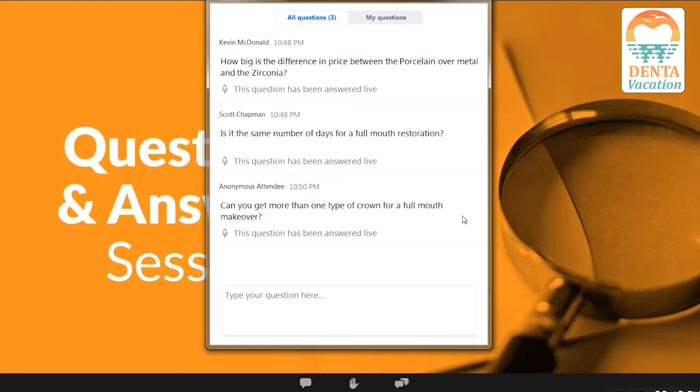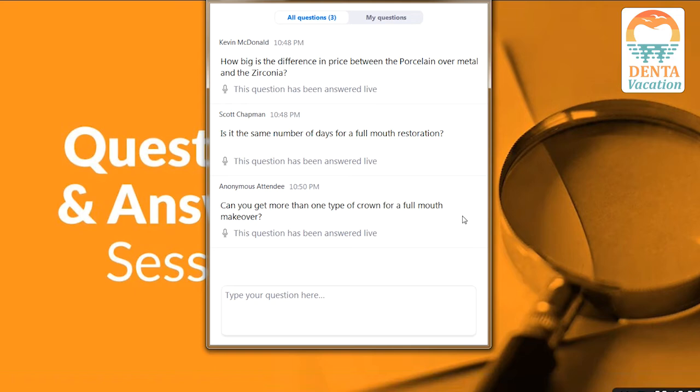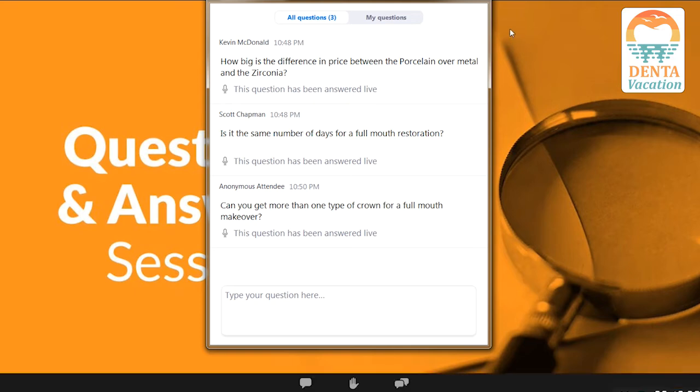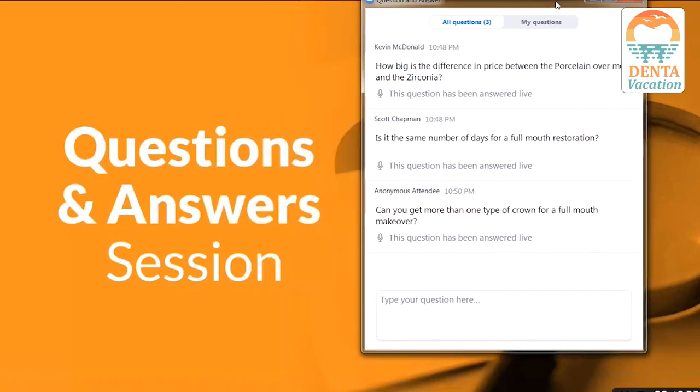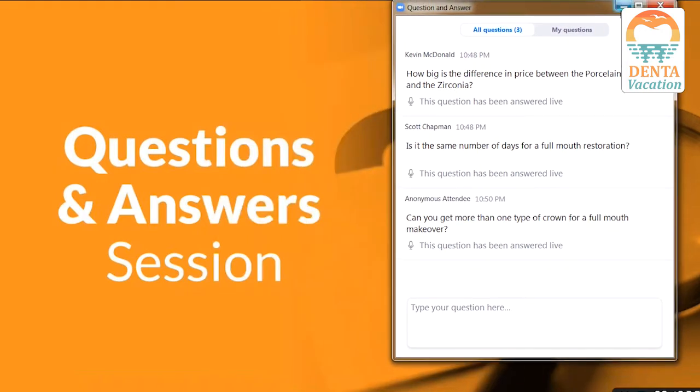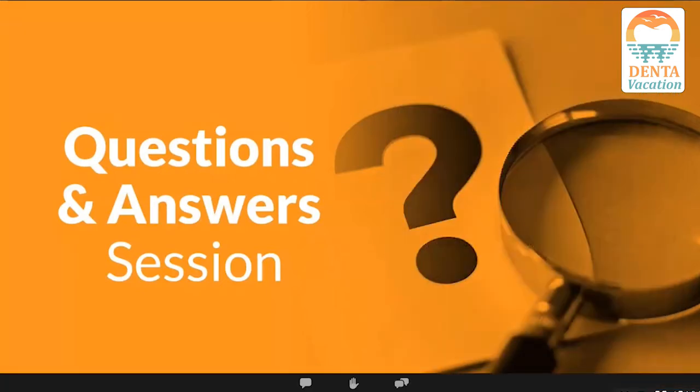Okay, so antibiotics are not recommended if you don't have any infection, or if you have problems with the nerve or some periodontal problems. Only the doctor can say that. You cannot prescribe it by yourself.